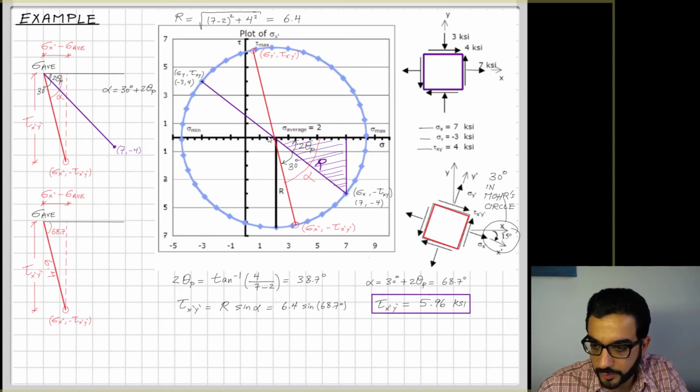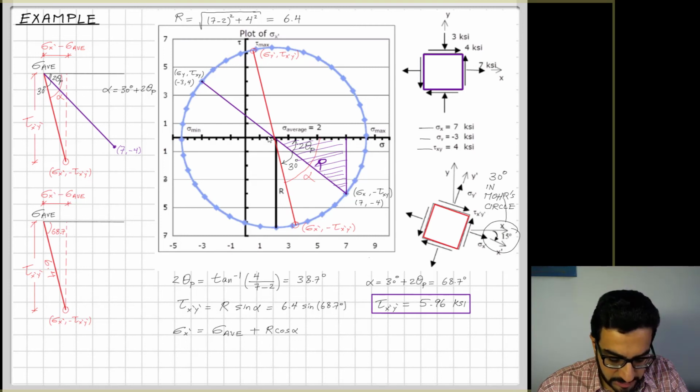So that's the first stress that I'm looking for, the shear stress. Next is sigma x prime, which is equal to sigma average plus r cosine alpha. Sigma average is basically the left point of the base of the triangle, and I add to it the distance between that point and the right side of the triangle, which is r cosine alpha.